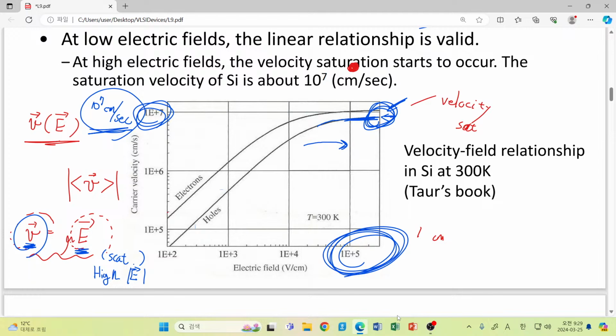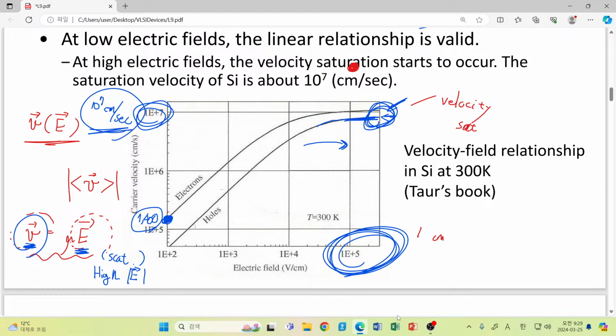Please try to draw. Here, for example, in this case, it corresponds to almost 1400 square centimeters per volt per second. In this case, you have this one.